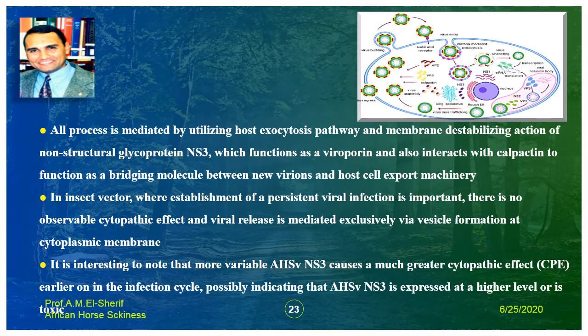It is interesting to note that the more variable African horse sickness non-structural protein 3 causes a much greater cytopathic effect earlier in the infection cycle, possibly indicating that this protein is expressed at a higher level or is more toxic.